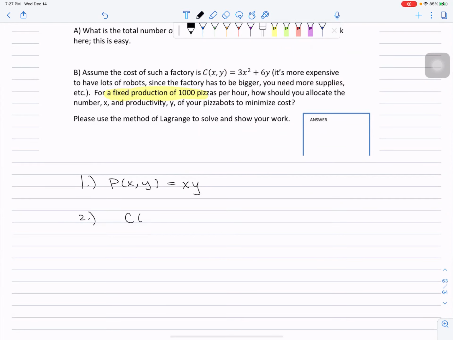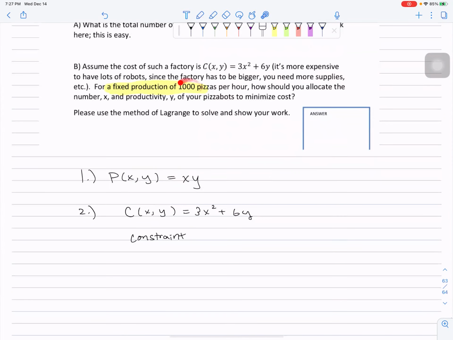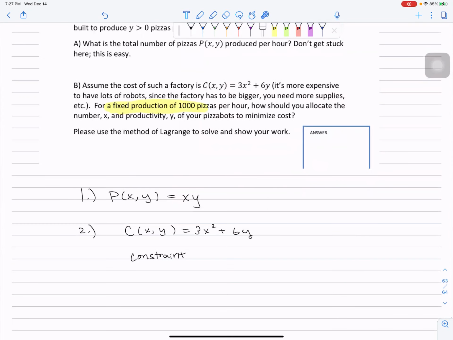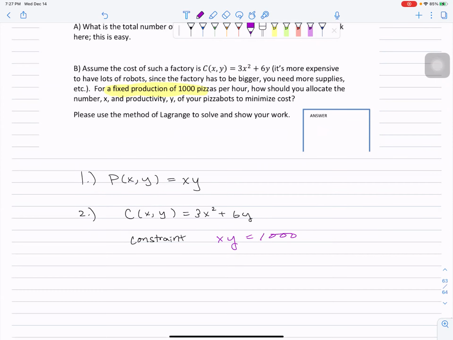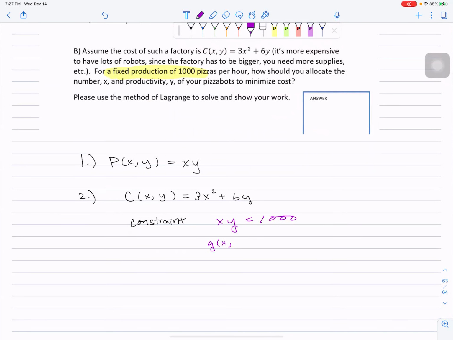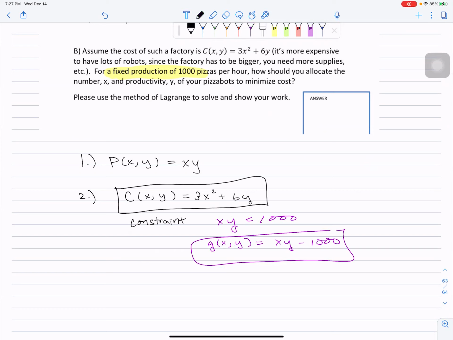My function is 3x squared plus 6y. My constraint, they're saying I have a fixed production of 1,000 pizzas per hour. That was xy. They're saying that is 1,000 at most. So my constraint equation, if I move things onto one side, is xy minus 1,000. I have my two things that I need.